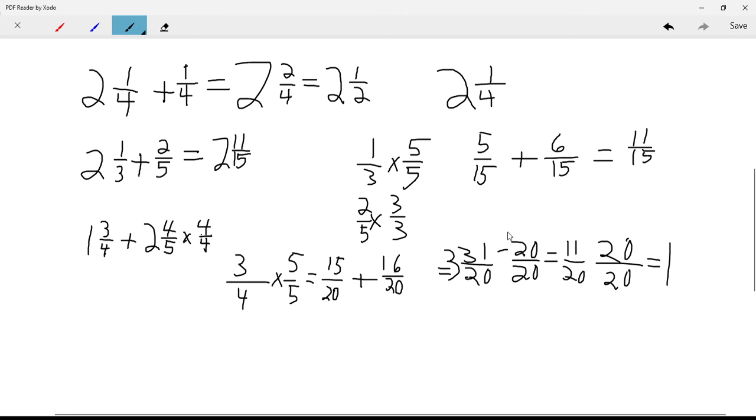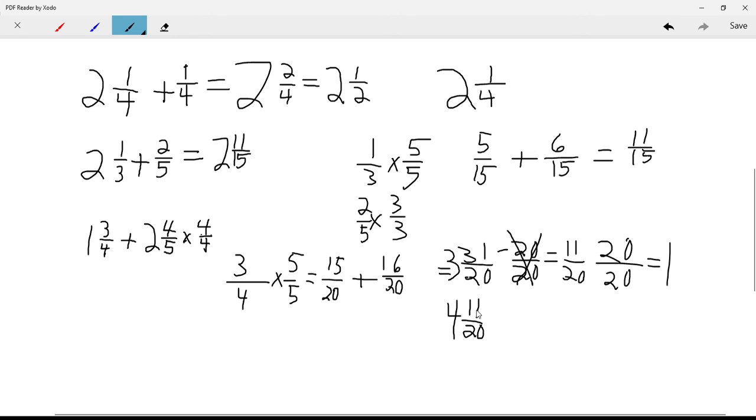So if I subtract 1 from the fraction, that means I can add the 1 here, and then it becomes 4 and 11 twentieths. So hopefully that makes sense.